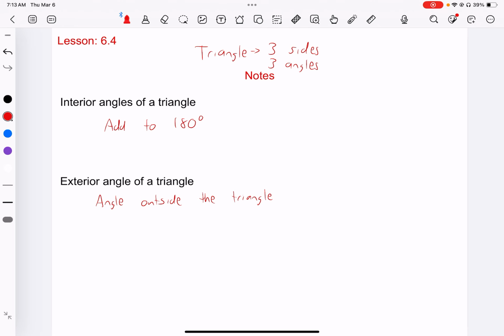There are 3 types of triangles that we need to know about. A scalene triangle has no equal sides and no equal angles. An isosceles triangle has at least 2 equal sides and angles.